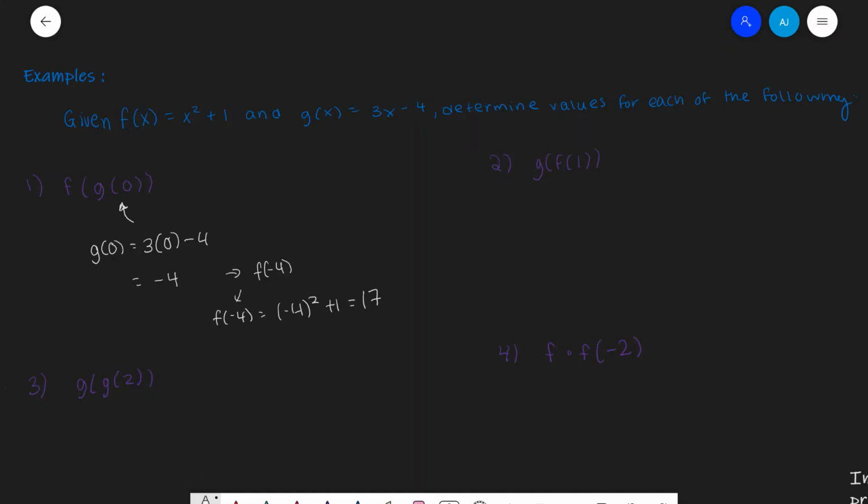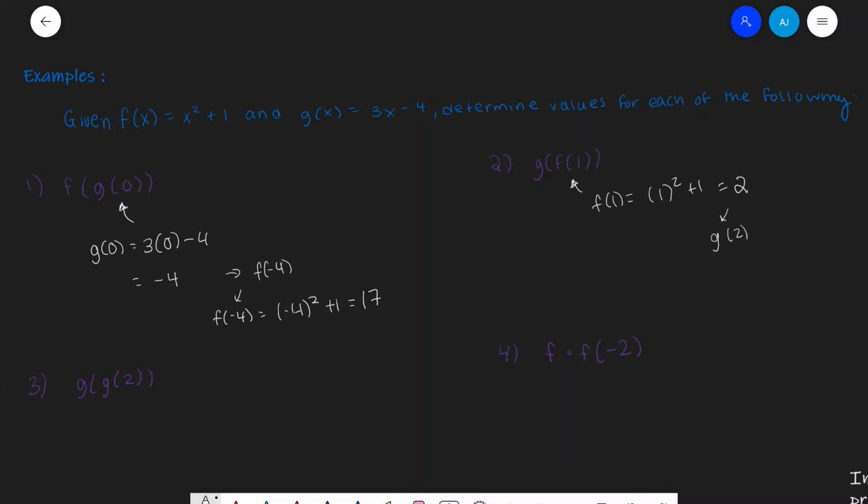Alright, so like the first question, we're going to first try to find out what f of 1 is. So if we substitute x for 1 into f of x, you will get f of 1 equals 1 squared plus 1, which just equals 2. Now you can substitute 2 for f of 1 since they both are equivalent. So if you substitute 2 back into the equation, you will be left with g of 2.